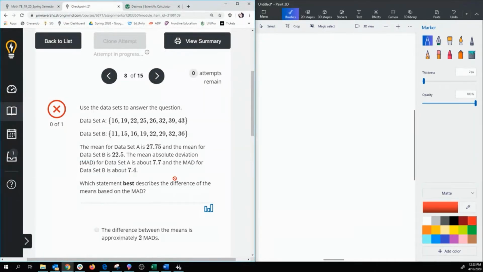Hi, Ruben. So Ruben, right now we're going over checkpoint 21. Did you want help on a different assignment?